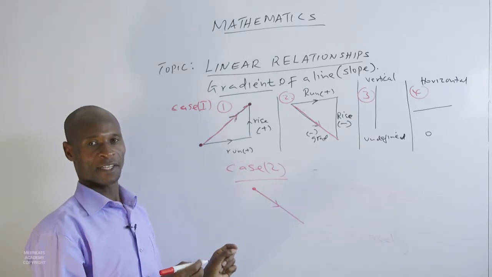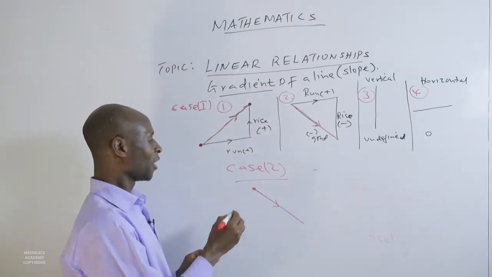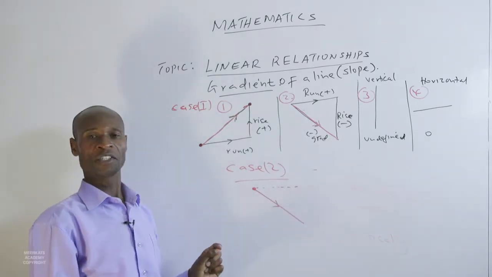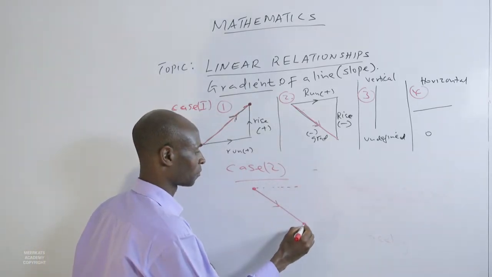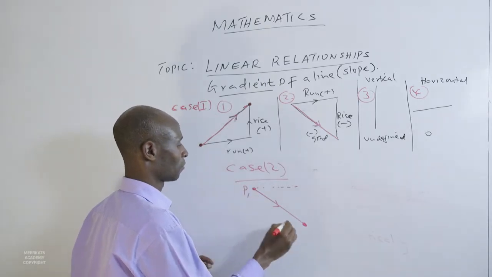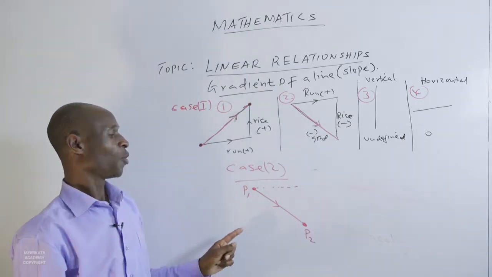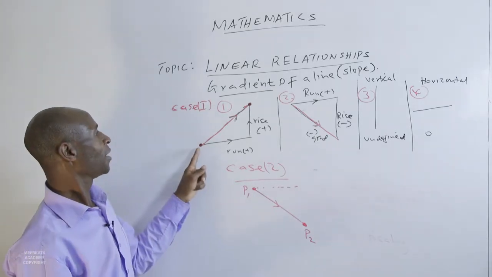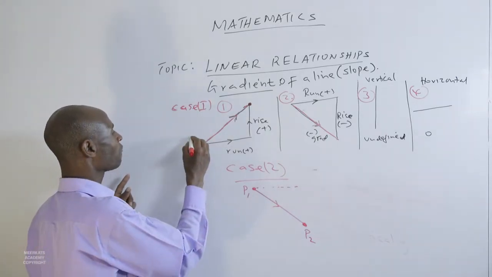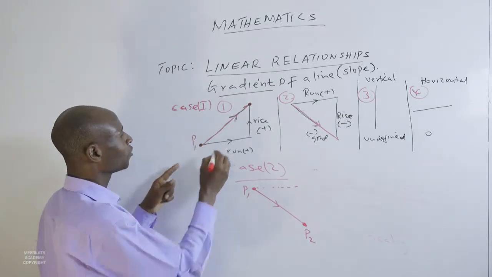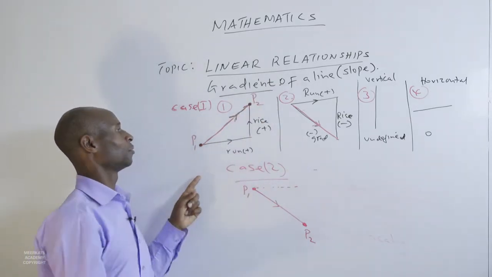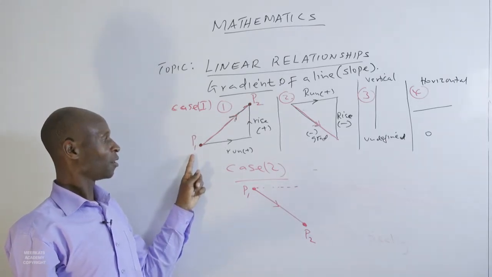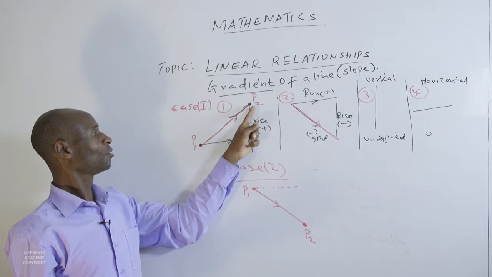And therefore, in this case, we shall consider the horizontal movement of the point as we move from point 1 to point 2. But remember, in our first case, we were also moving from point 1 to point 2, with point 1 on the left and point 2 on the right.